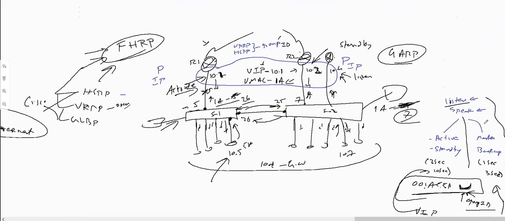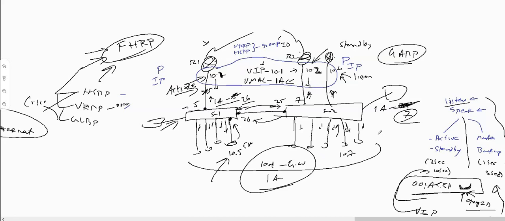Yes. And that will be propagated to the users by GARP. Yes. But the confusion is that a client already has this gateway, and they will not face any challenge if router 1 goes down. Yes. So then why is router 2 announcing this GARP?